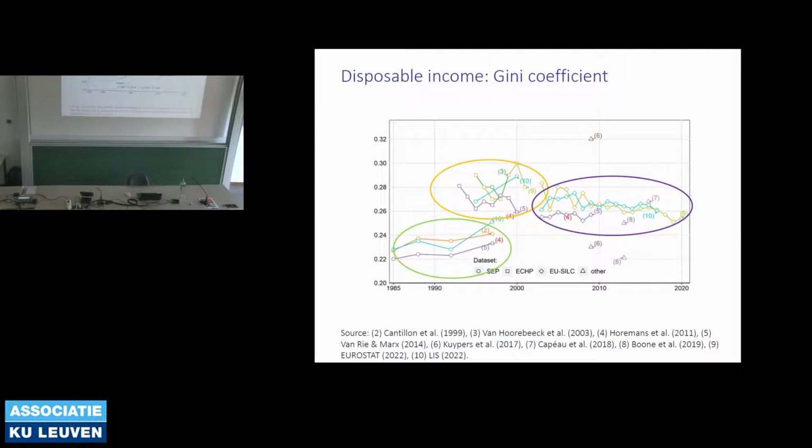What is the nice thing about Belgium is that in 97, there was data being collected by both SEP and ECHP about the same thing, disposable income. And look, it's a very different story, right? Is the Gini coefficient something around 0.24, or is it something around 0.28?